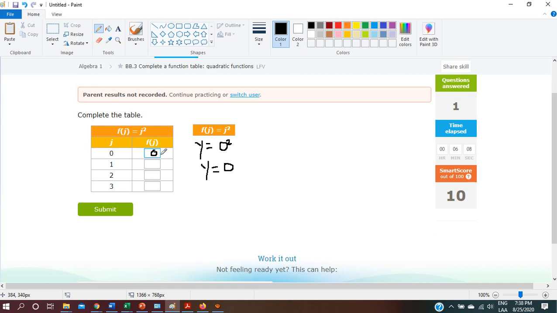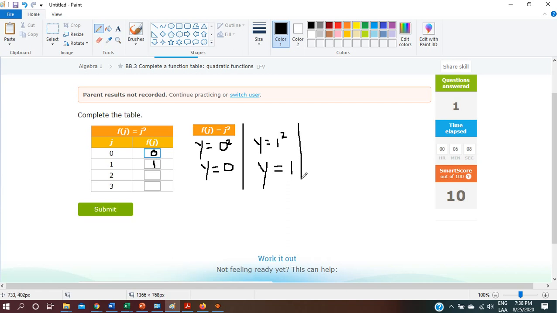Okay, now let's do the next one. y equals j squared. What is the value of j? 1 squared. So y equals 1 times 1 equals 1. Okay, so here is 1.